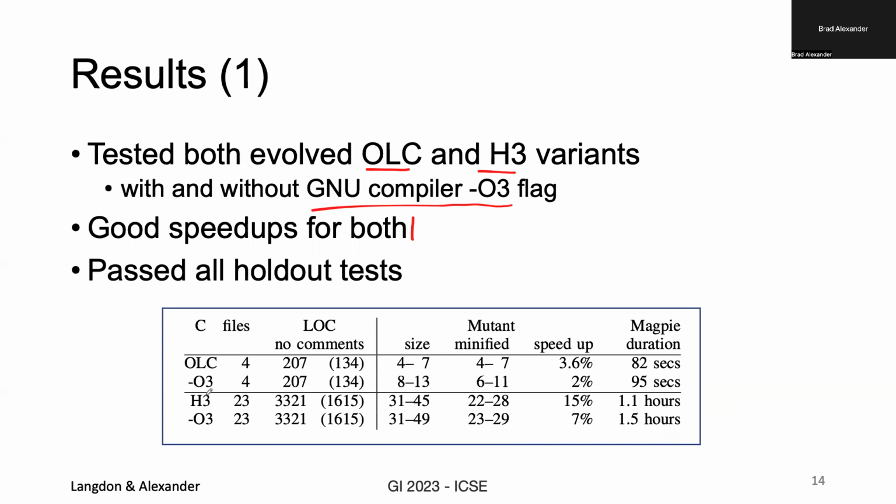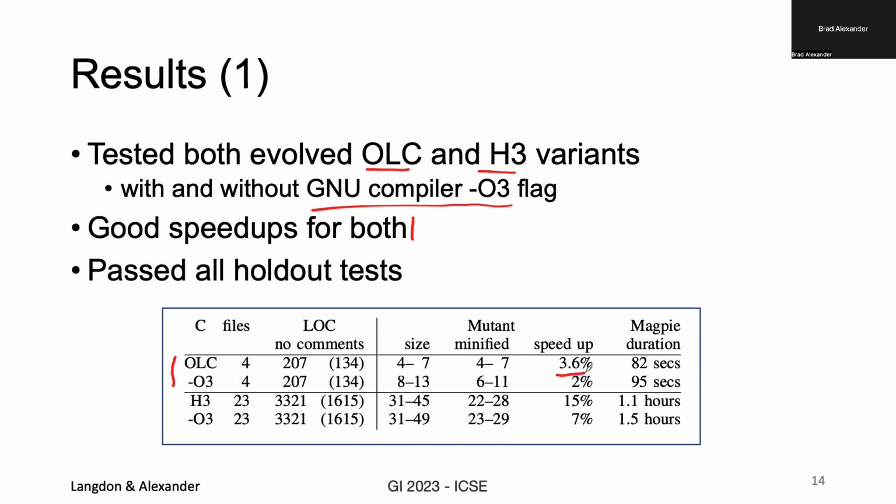Just going through the table, these are the results for OLC, spread across 4 files. The lines of code with and without blank lines and comments you can see here, the size of the patches, and the minified versions of the patches, which are reduced by Magpie. Magpie has a good minify function, so we can use that to reduce the size of the patches. And we're getting speedups on the plain code.